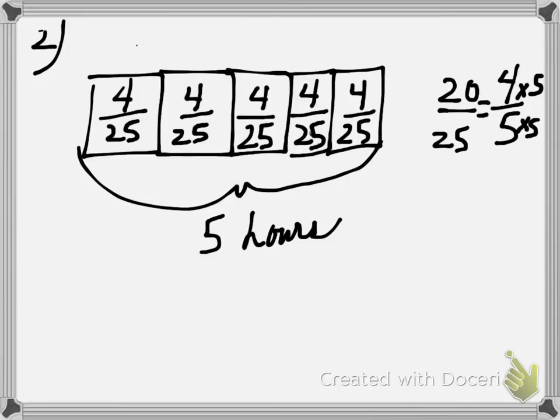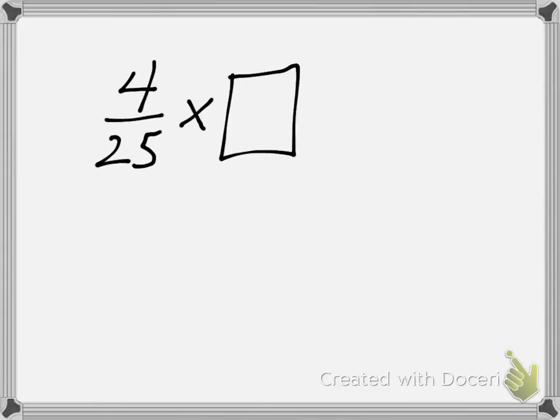Now if we wanted to do this mathematically, we could say that he's going to do 4/25 times a certain number of hours, and that will equal 4/5.